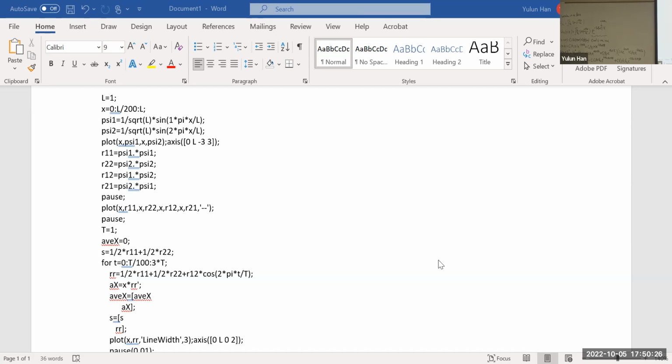Two cosine of two pi t over T, because it's cosine plus cosine in your equation, which would be two cosine? Yes, there's also two of those.